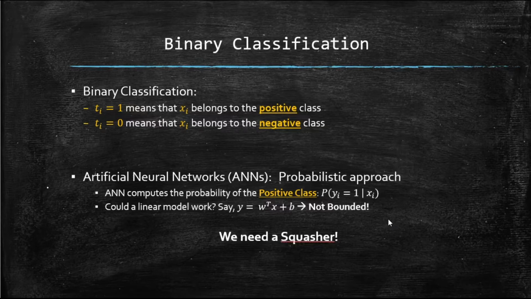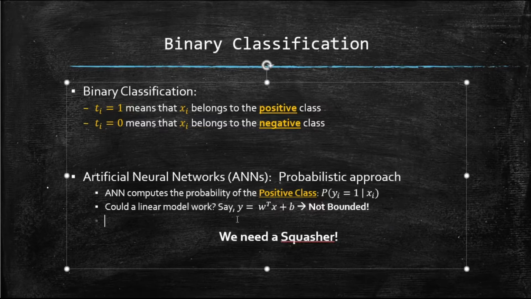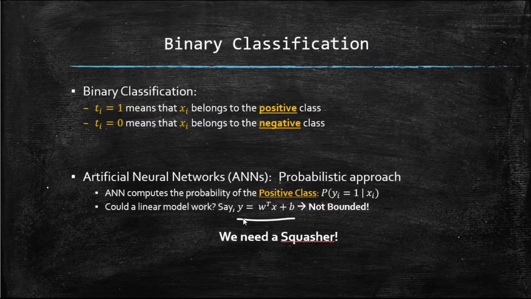And as we said, if your neural network model is just a linear model, like y equals w x plus some intercept, which is a typical way you would write down a line's formula, remember that this model is not bounded at all. So y can take any value. If x is a vector or whatever it is, it can be multiplied by a certain number of weights, the w in this formula, plus the intercept.